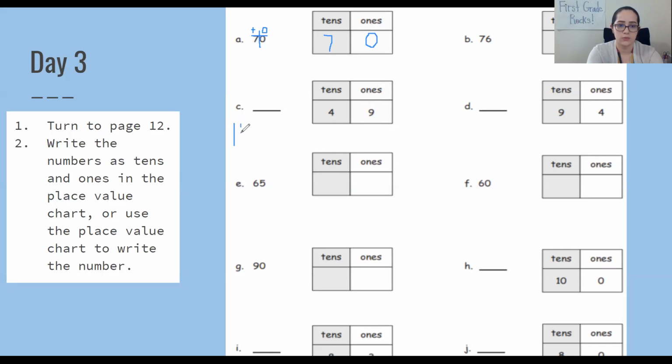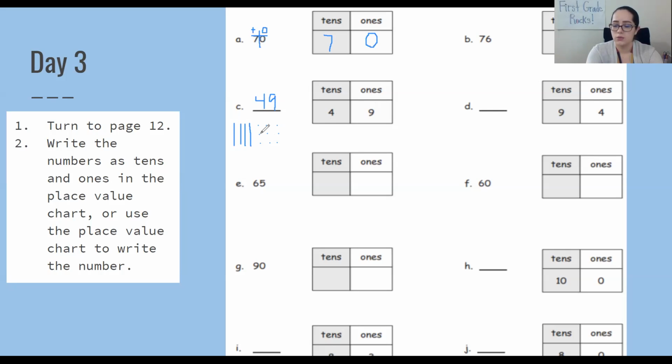So 4 tens, 1, 2, 3, 4, and 9 ones. 1, 2, 3, 4, 5, 6, 7, 8, 9. All right, so 10, 20, 30, 40, 41, 42, 43, 44, 45, 46, 47, 48, 49. 4 tens and 9 ones is the same as 49.